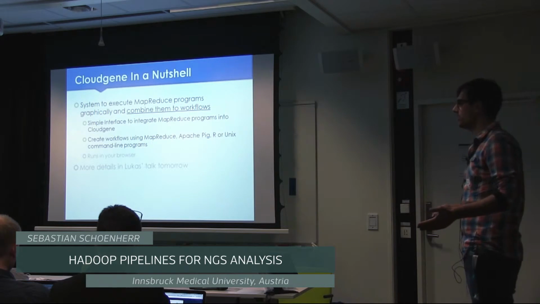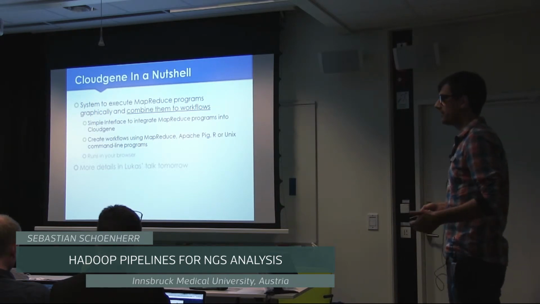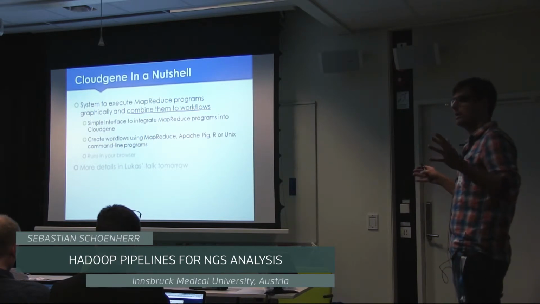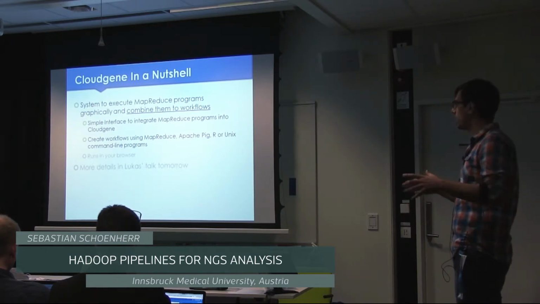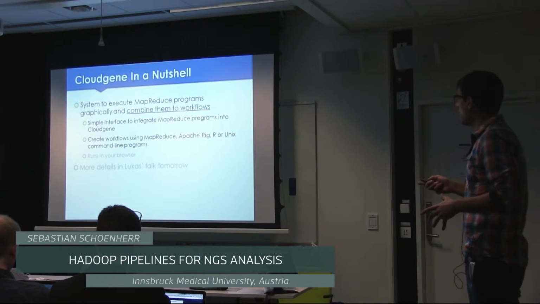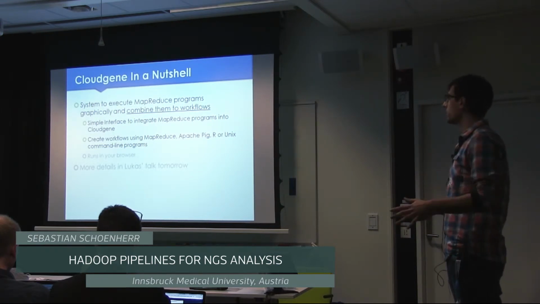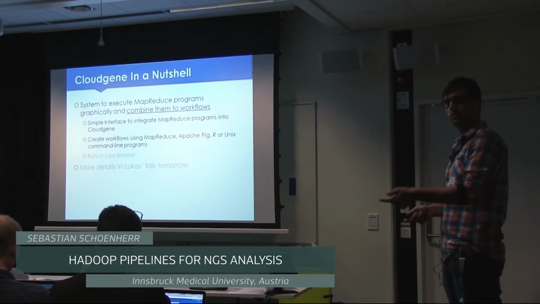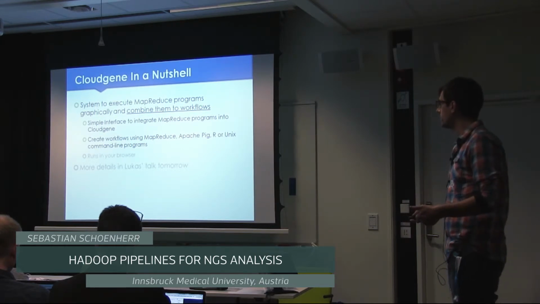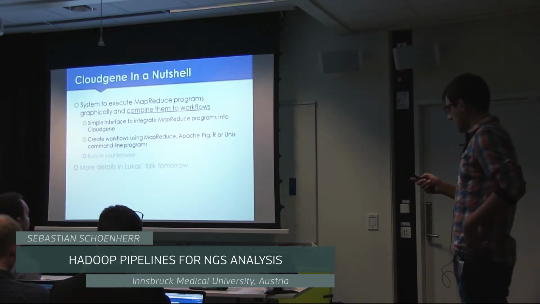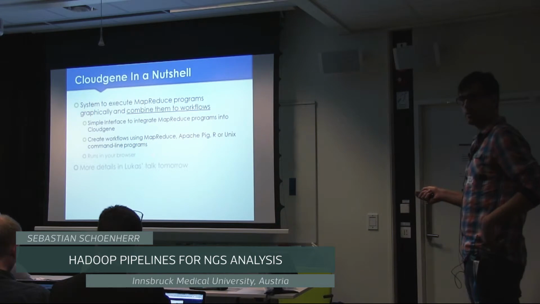You can execute your programs, and the nice thing is that you can combine different programs into powerful workflows. When you have a MapReduce program written on the command line, you can integrate it into CloudGene by simply writing a configuration file with the help of the interface, and you can combine MapReduce programs.